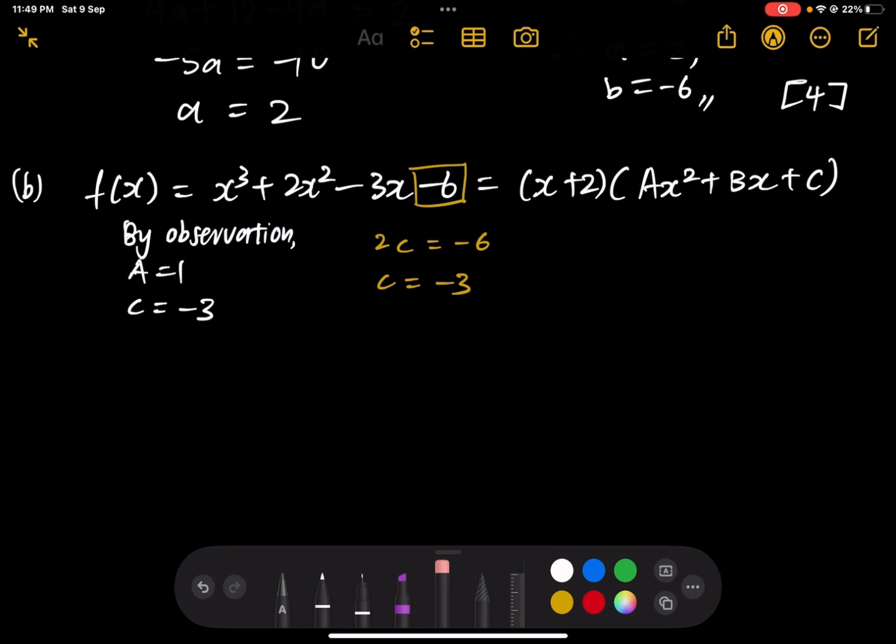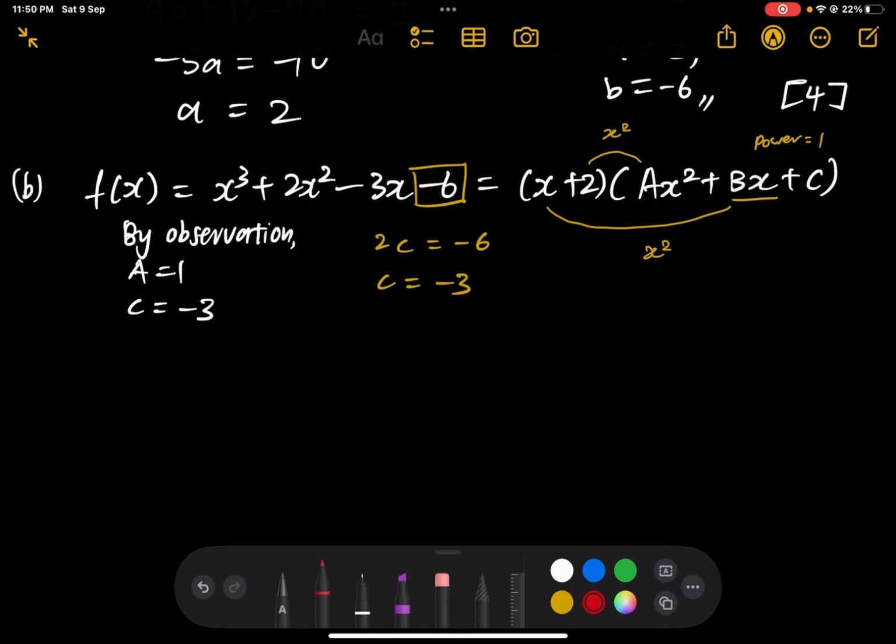The x term in the bracket can compare with bx to give me bx squared. Next, 2 can compare with ax squared to give you 2x squared. Are we clear? So now we know already, so let's write it down.